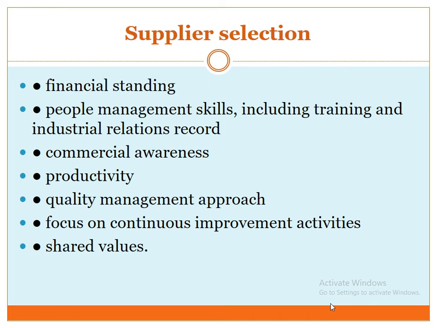Some criteria of supplier selection, apart from cost and quality, include, as shown on the PPT, financial standing, then people management skills, including the training and industrial relationship records, then commercial awareness, productivity, quality management approach, then focus on continuous improvement activities and shared values.